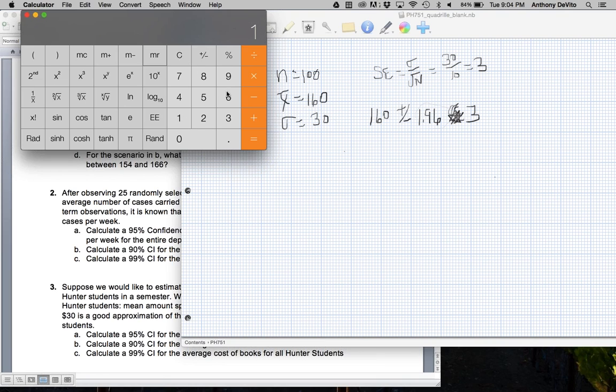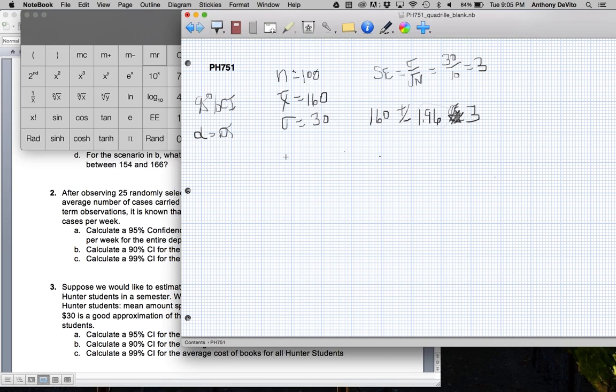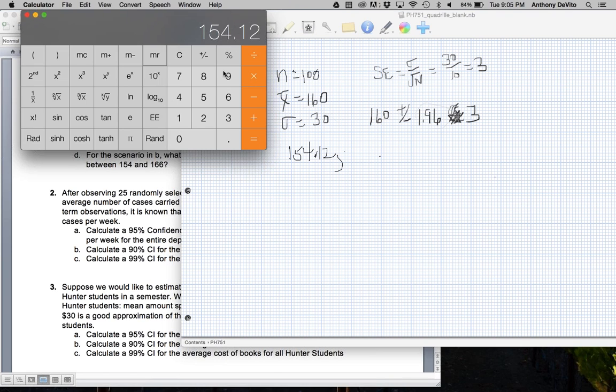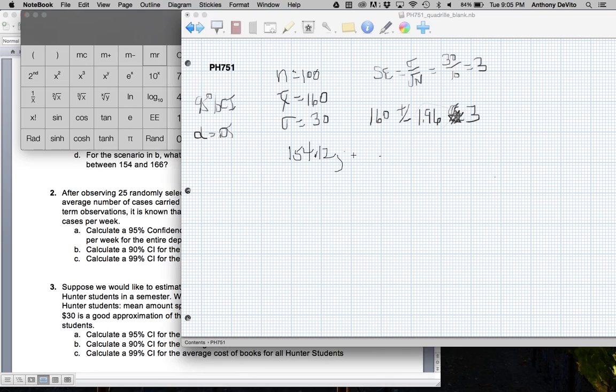So 160 minus our margin of error is 154.12. And the upper limit for our confidence interval is going to be 160 plus our margin of error. It's going to be 165.88.